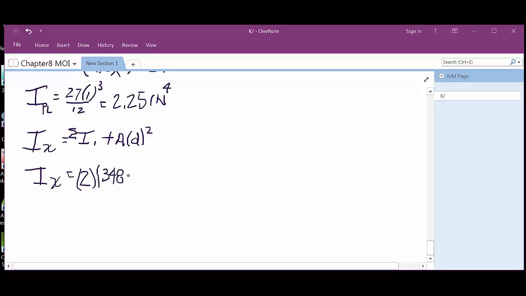Can we do 2 times on this? I think we can. Plus, now we'd just do this, wouldn't we? Plus the area. What was that area? 11.8. Okay.